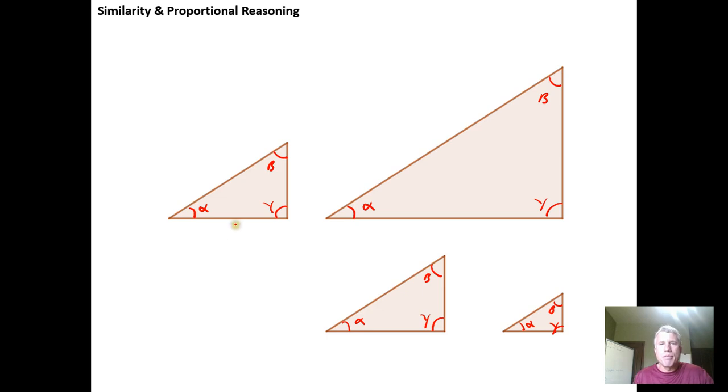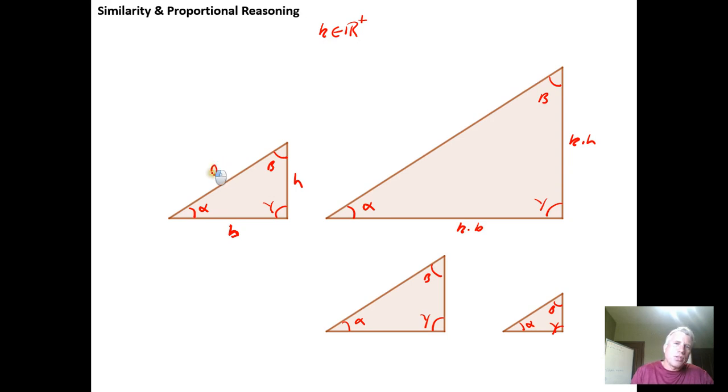In other words, if this is the base, and this is the height of the original triangle, there's going to be some scalar k, some positive real number, so that this big triangle, each corresponding length, is just going to be k times the original length, k times the height, k times the base.